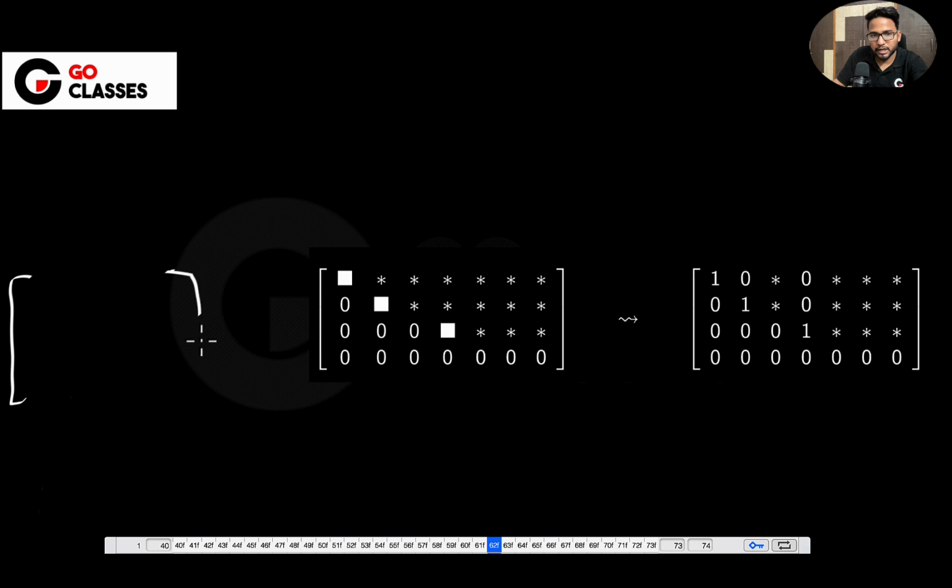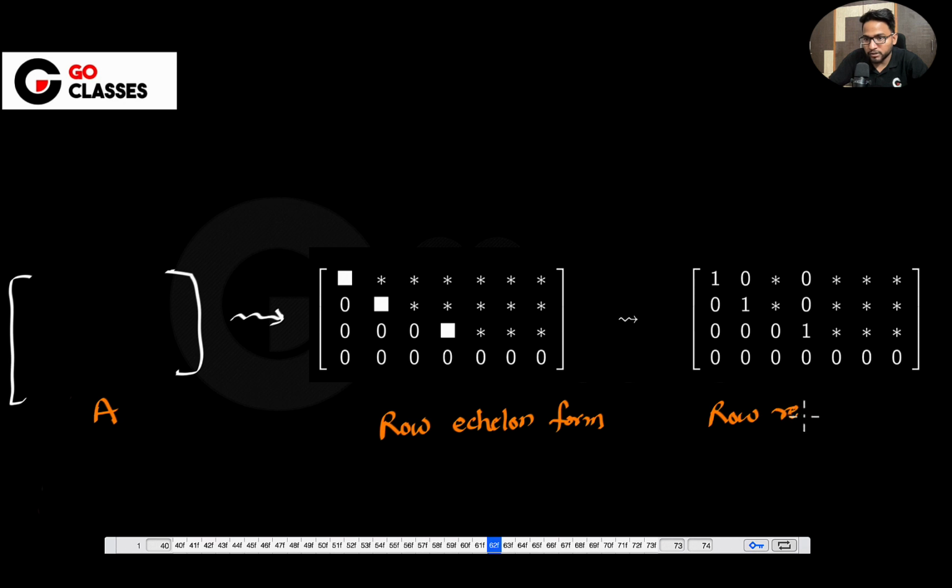The exact values I'm not interested in, but let's suppose your matrix looks like this, and let's suppose this is A. You convert that matrix to row echelon form, and then you do one more or maybe a few more elementary row operations, and then you convert that to row reduced echelon form. So that's just an extra step we are doing.